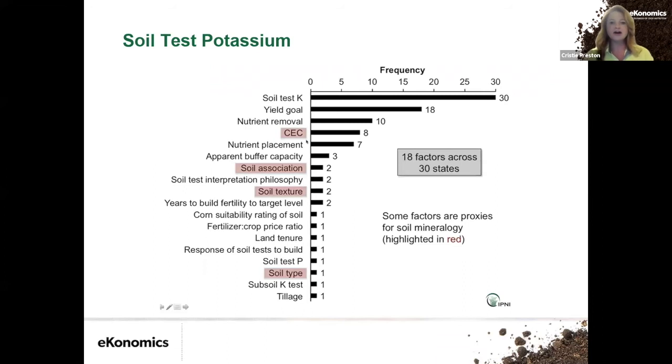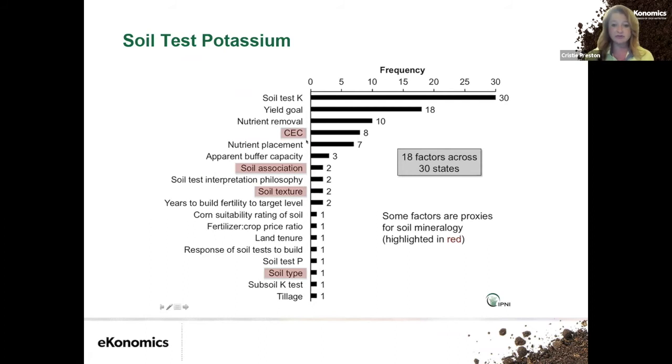As you can see at the top, all of them use some type of an extraction to determine soil test potassium. But what I found interesting more than anything was some laboratories did take further steps to look at the soil mineralogy, which are the 4 highlighted in red, that could potentially affect that soil potassium.